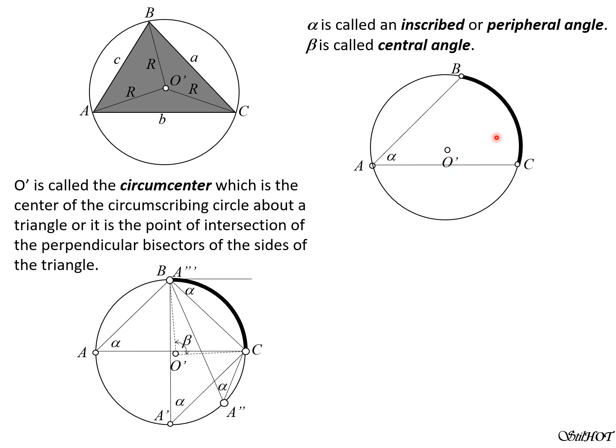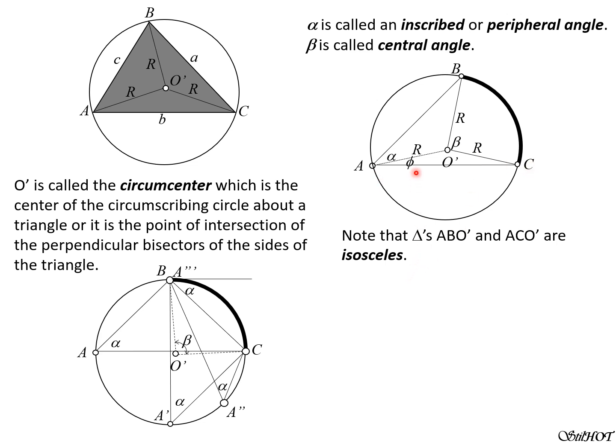the center of the circle subtending the same arc, and let us call the angle O prime AC P, because this is an isosceles triangle, that's also R, so triangles A, B, O prime and A, C, O prime are isosceles.